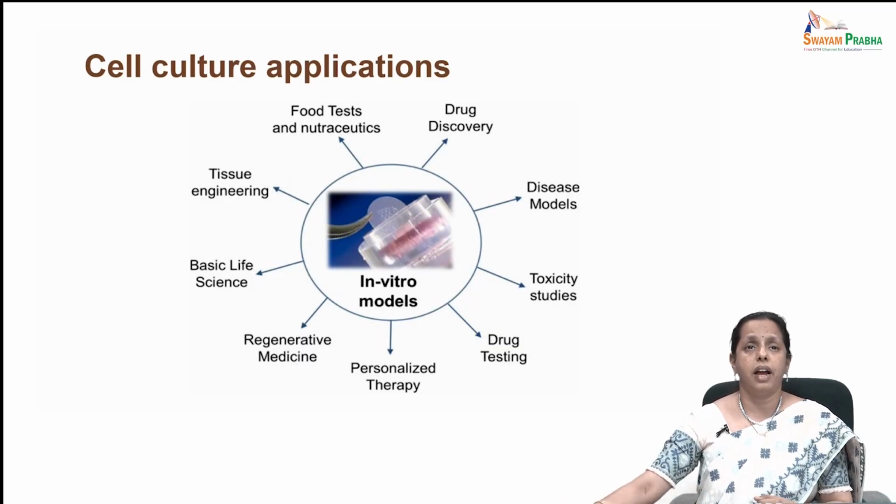So, this particular diagram gives an application of cell culture in various technologies. Our relevance here is drug discovery. So, if we have a novel compound that can be identified as a lead compound, there should be a lead target in the cell line model.